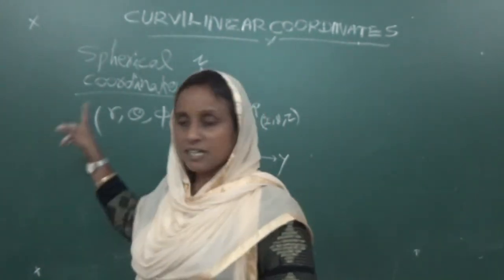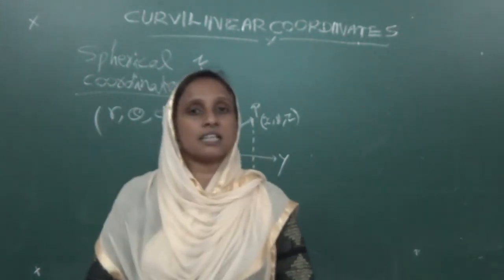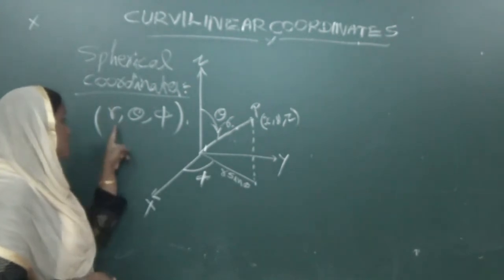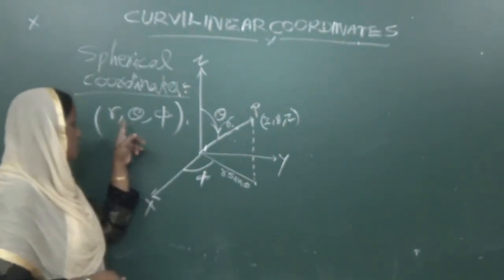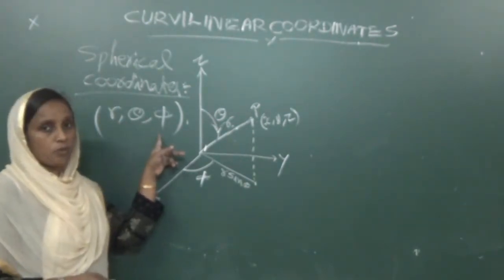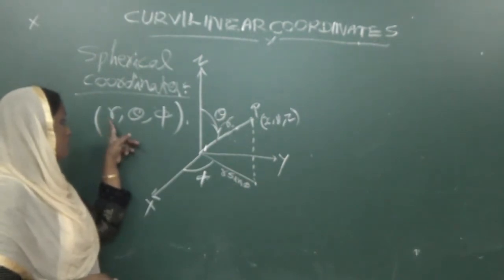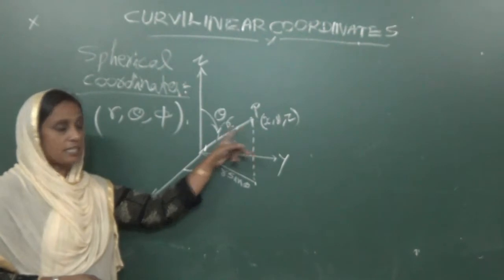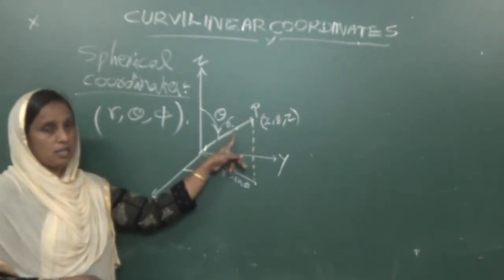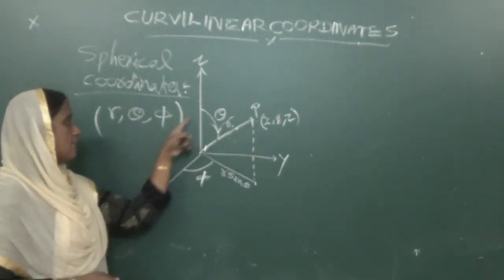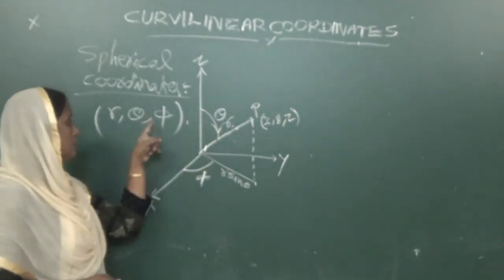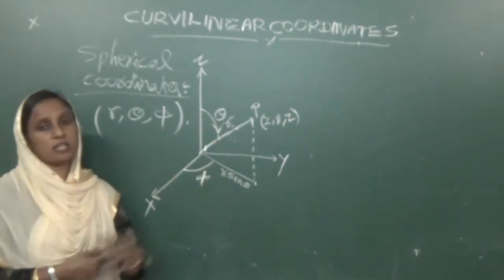Here they are r, theta and phi. From the notation itself you can see that one is the radial distance dimension, and these two are angles. This r is the distance from the origin to the point P. It is actually the position vector r. Theta is called the polar angle, and phi is called the azimuthal angle.